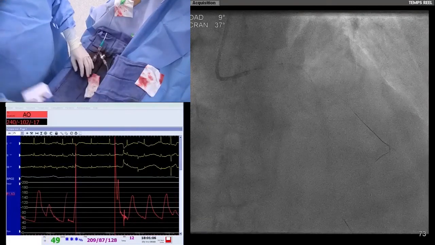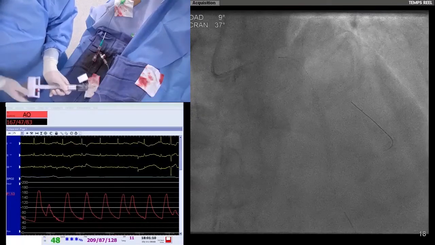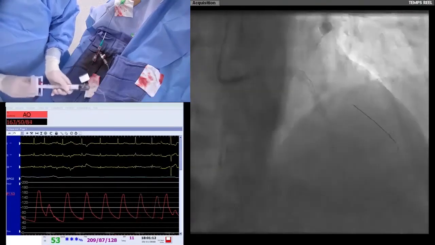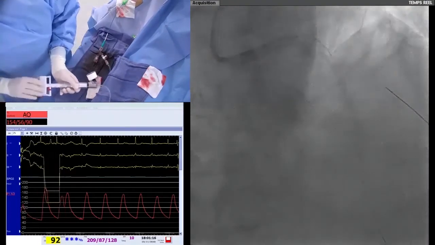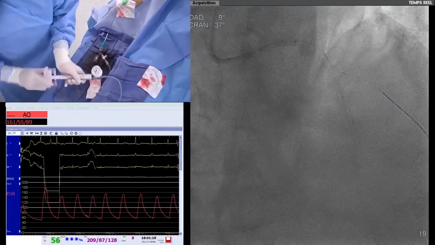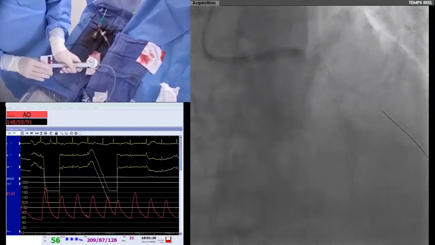That could be an option in this large diameter segment. I've heard of colleagues having performed this therapy in large vessels with good result. I personally have limited experience with that, but that could be an option.